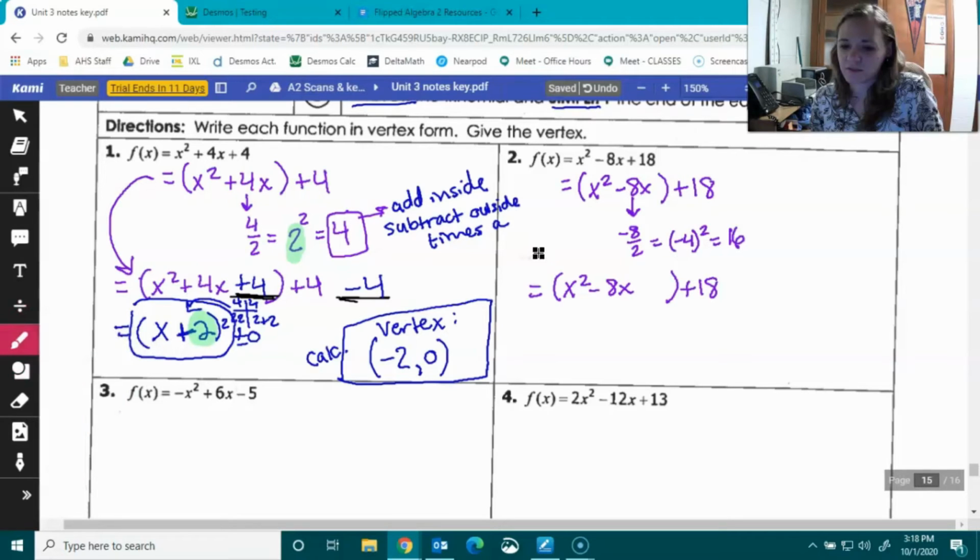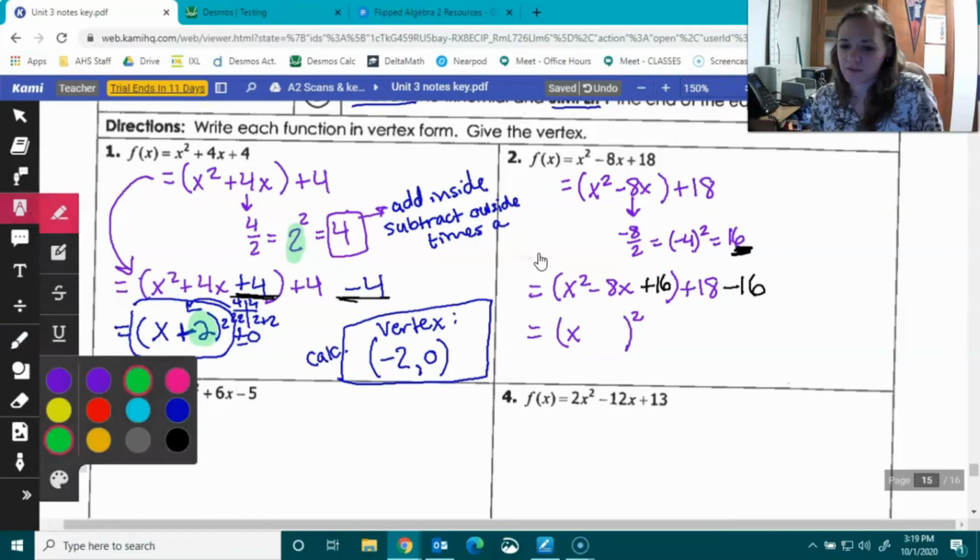Now I take this value that I got, I add it to the inside, and I subtract it from the outside. Okay, next. I know it's going to be this value squared, so x minus 4.